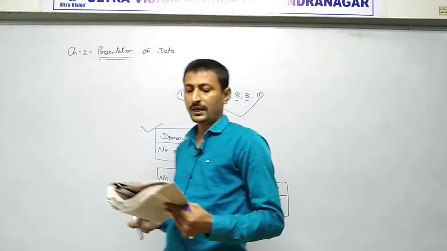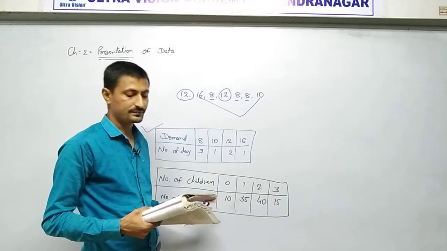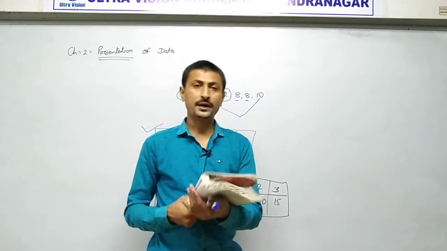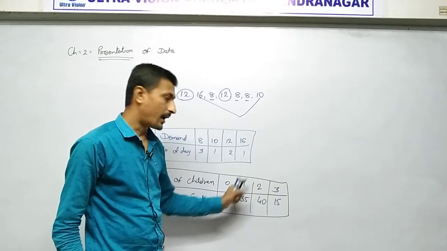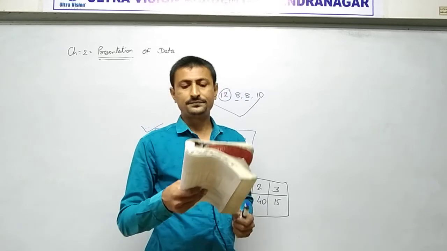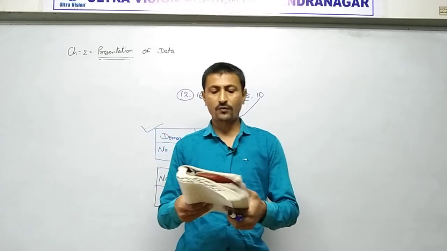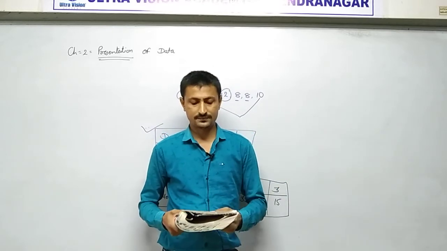In the above example, the number of children per family is a numerical variable, countable: 0, 1, 2, 3. Hence, it is called numerical classification or frequency distribution.